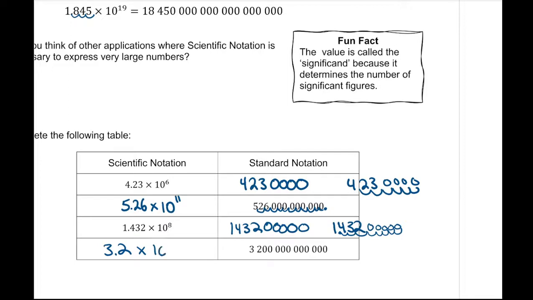So it's going to be 10 to the power of 12. Or again, the decimal after any whole number is at the end, so you can count going forward: 1, 2, 3, 4, 5, 6, 7, 8, 9, 10, 11, 12. That decimal is going to have to jump 12 spots, which means it should be 3.2 times 10 to the power of 12.